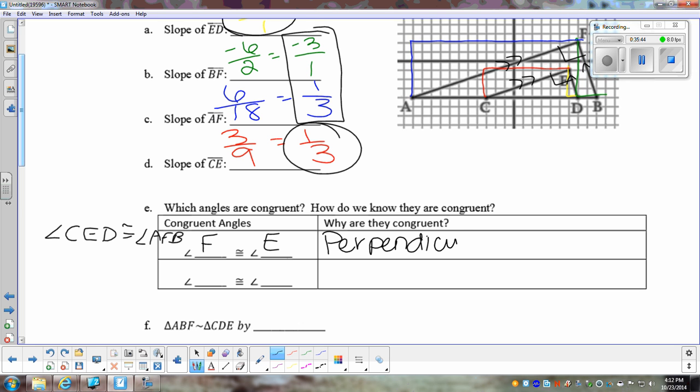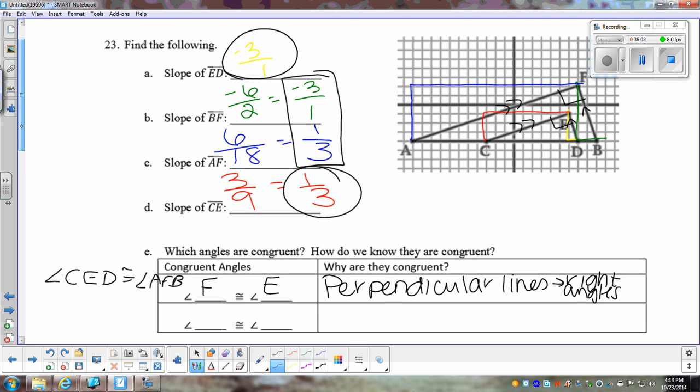Two pairs of perpendicular lines. So I have right angles. Then if I look at my parallel lines, if I look over here, bring this up a little bit.